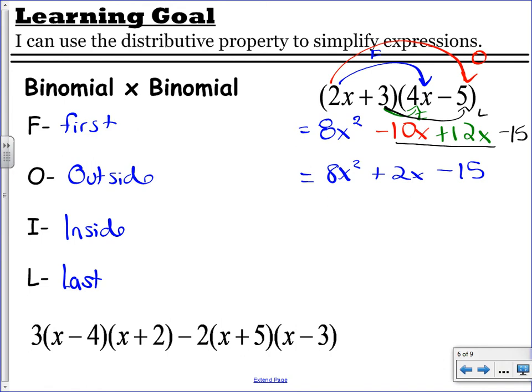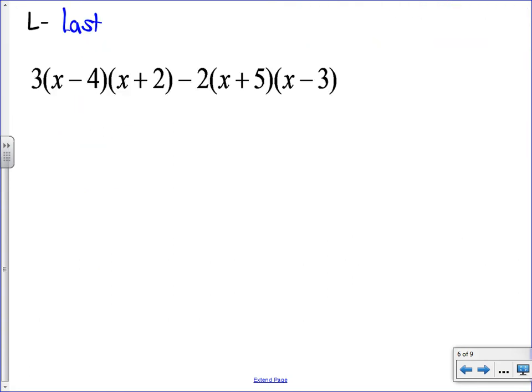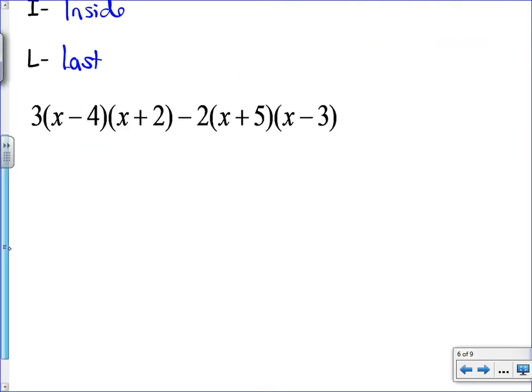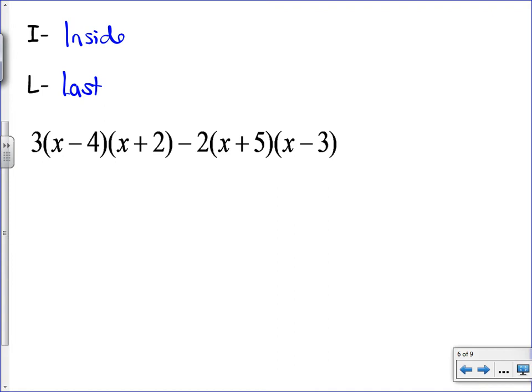Okay, again, this next example, a bit more complicated. I have FOIL that I'm going to do. I have a number outside of a bracket. This is a lot of steps that we have to do here. The first one that I would like you to do is your FOIL first. Don't touch the numbers outside the bracket. Do FOIL first, okay? So Nathan, I'm going to carry this 3 down.